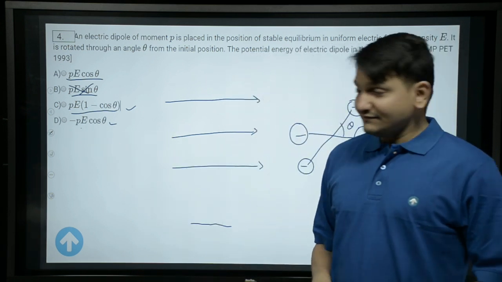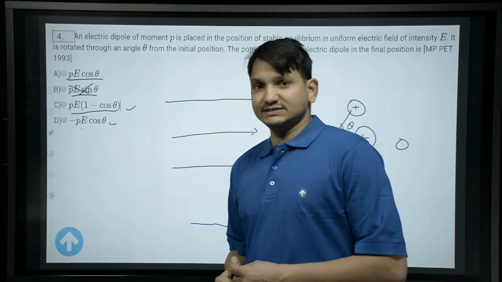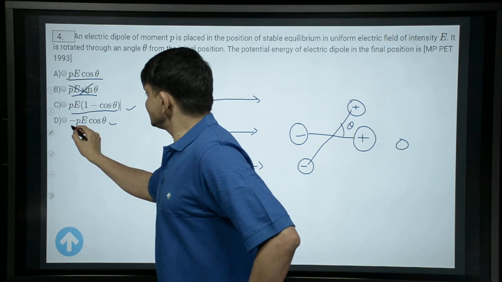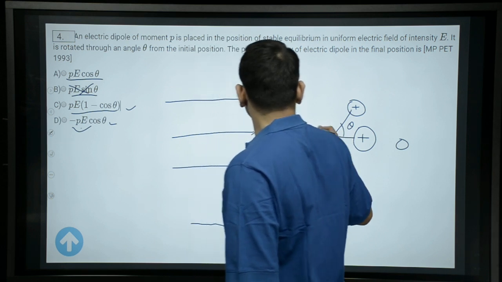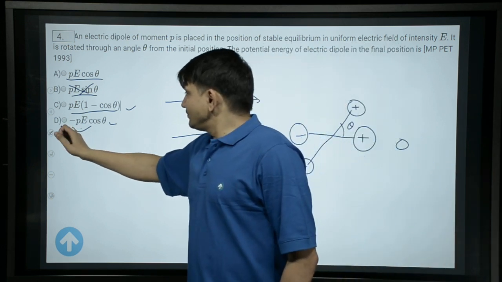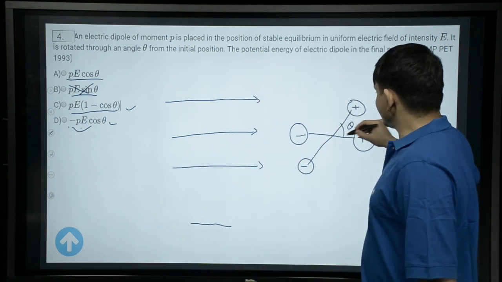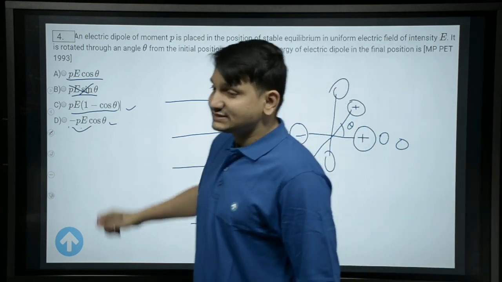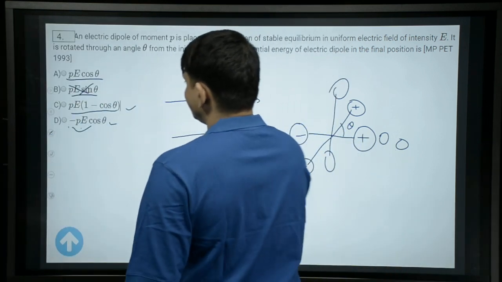Considering D, if theta is 0, this value would be minus PE. So obviously this is giving us the electrostatic potential energy for a dipole. Therefore, in option D, we are getting the right answer, if we consider zero potential at 0 degree deviation and 90 degree deviation. So our answer is D, and some of us have already given the right answer. Yes, D is the right answer.